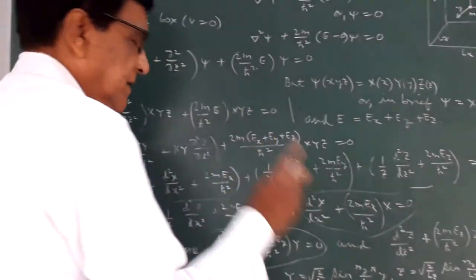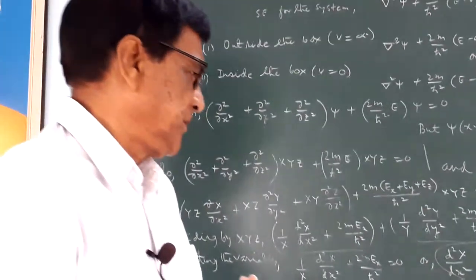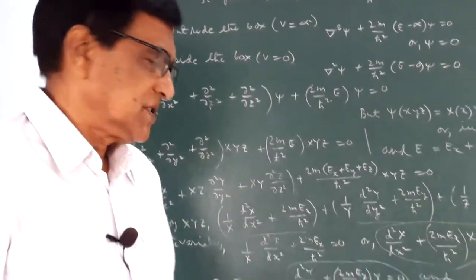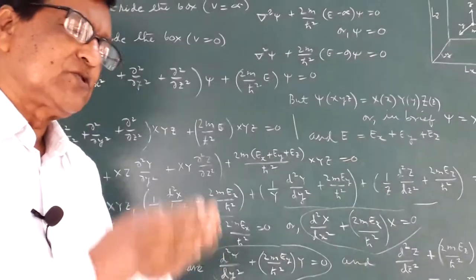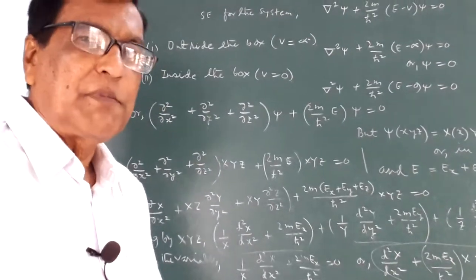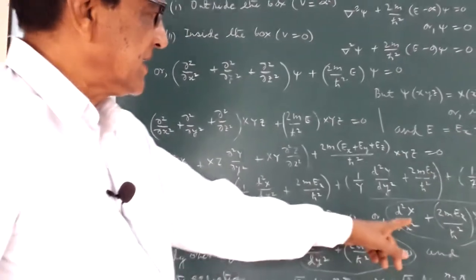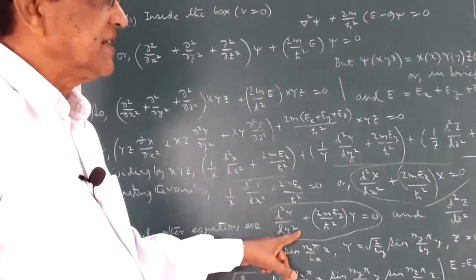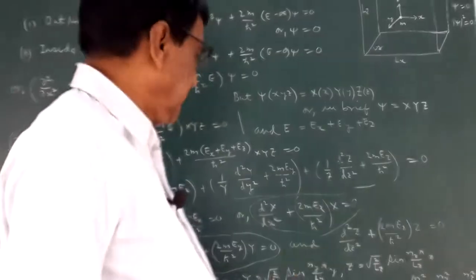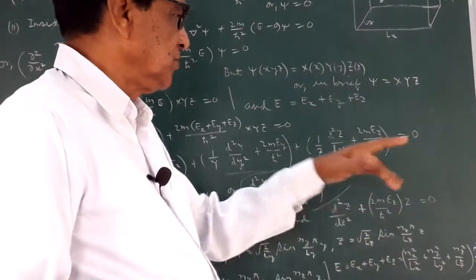is like the particle in a 1D box along the x direction, along the y direction, along the z direction, so it has similar boundary conditions. In this case, the boundary conditions are 0 to Lx, in this case 0 to Ly, and in this direction 0 to Lz.